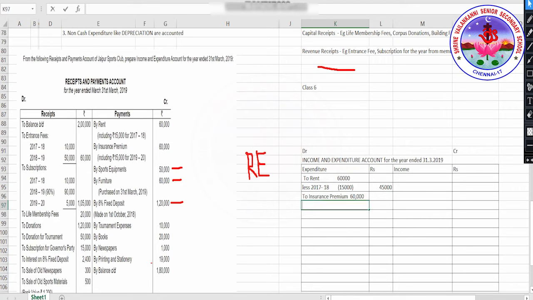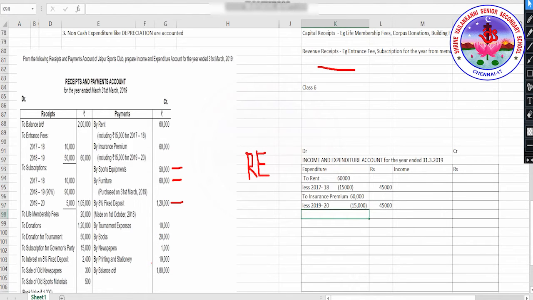Now less that which is pertaining to 2019 to 20. It is not for the current period, right? The current period is 18 to 19. So it is pertaining to 19 to 20, and we are going to remove that part. I'm going to remove 15,000 from this. So again, I'm going to get 45,000.